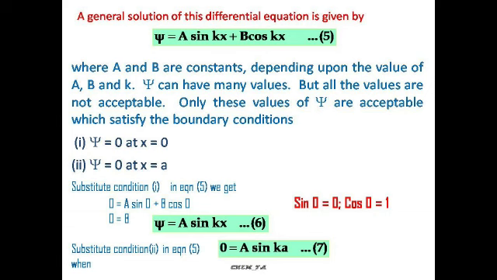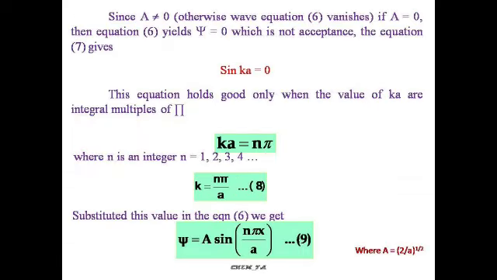After applying the boundary conditions to the general solution, we receive ψ = A sin(nπx/a), where A is the amplitude of the wave function or the normalization constant.